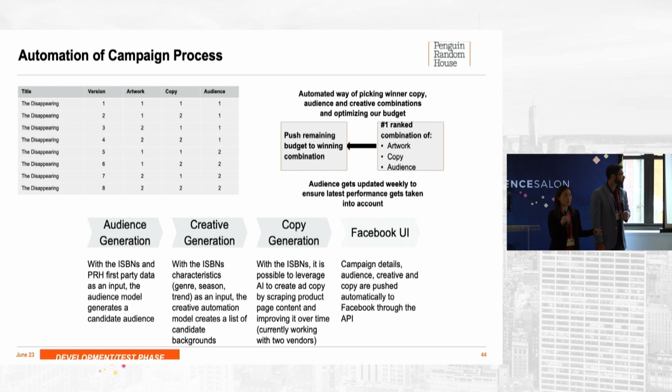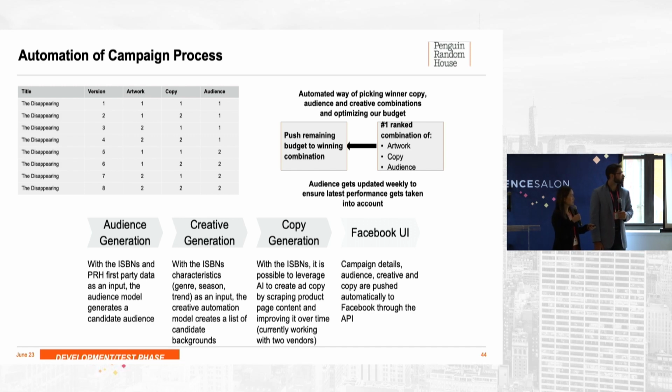So what data science had in mind was automating this entire campaign loop so it will not be as taxing for our marketers. There are 4 different streams of work: audience generation, creative generation, copy generation, and finally creating the code that feeds all of this information into the Facebook UI through the API.